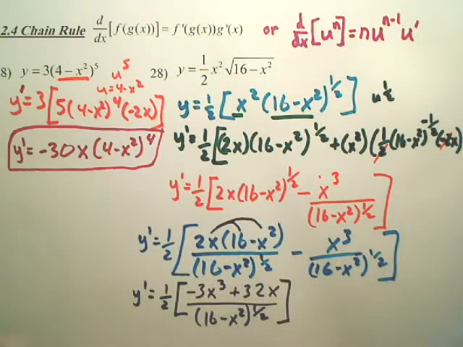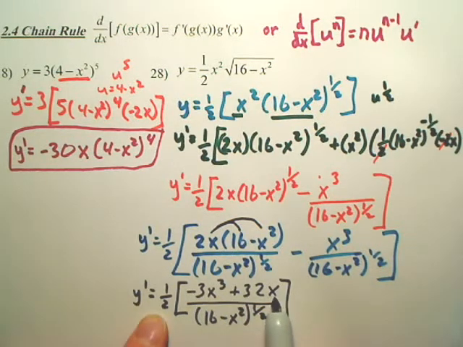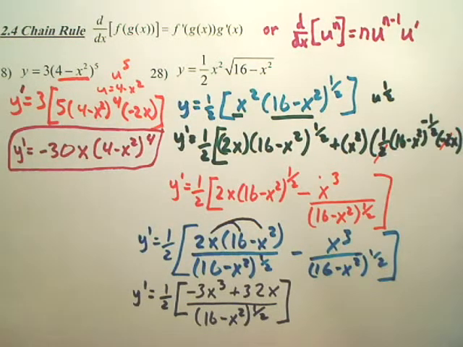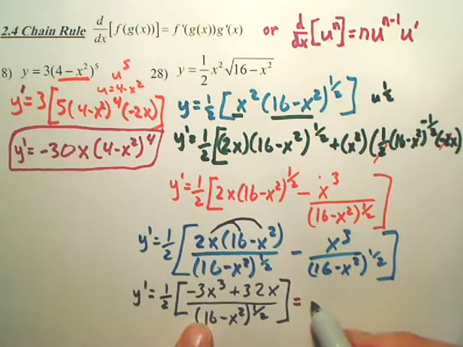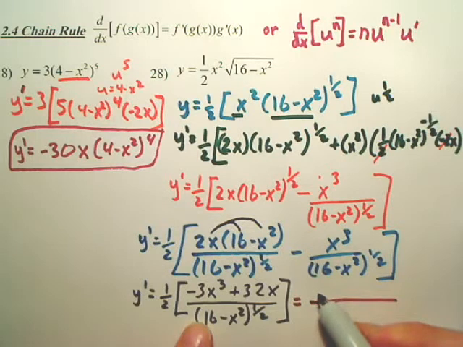Okay, kind of crazy. Now, does a 2 come out of here to cancel with that 2? No. Could I pull an x out of the top? Yeah, but would that x I pull out of the top cancel with anything down here? No. You could do that, not necessary. That would probably be a good enough answer, but my final answer would probably look something like this.